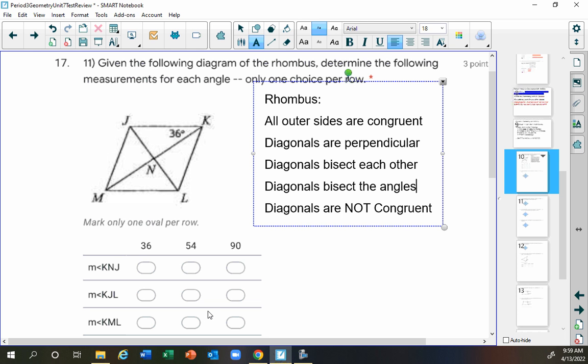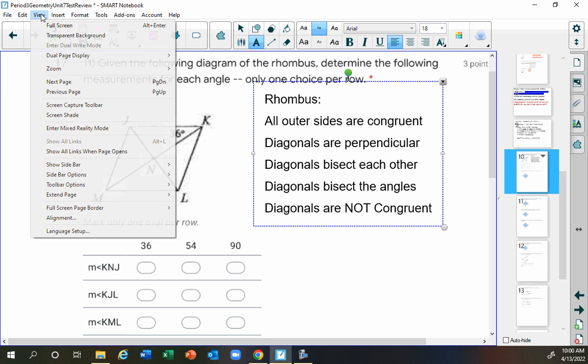Now, an idea, if you need highlighters, colored pencils, get them now. Because when we start talking about identifying our angles, you're going to need to know which angle represents where's our starting, where's our middle, where's our end. All right, so let's look at this. In fact, I'm going to make this bigger.